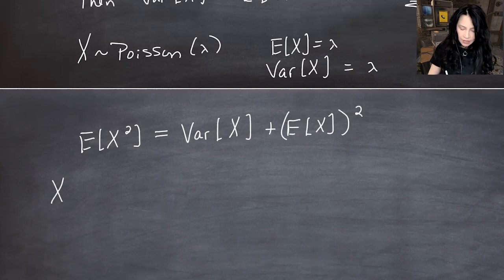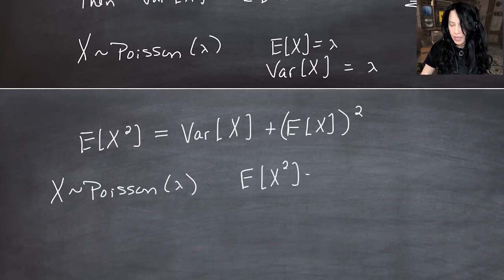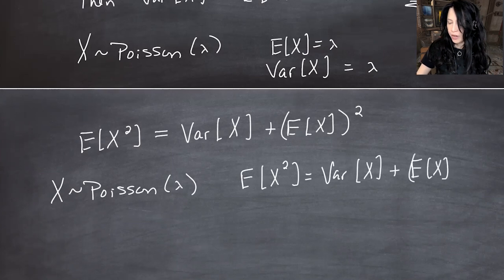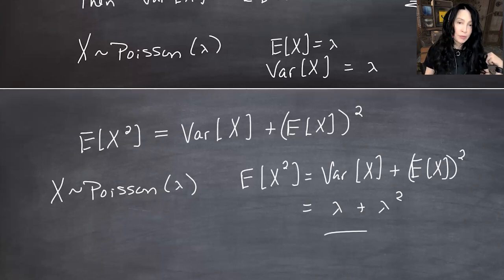So if x is Poisson with parameter lambda, the expected value of x squared is the variance for x plus the expected value for x, all squared. And this is lambda plus lambda squared. So if you know the mean and variance for a distribution, this is the quick way to come up with the expected value of x squared without having to do a sum or integral.